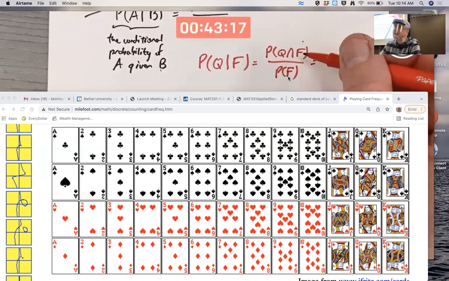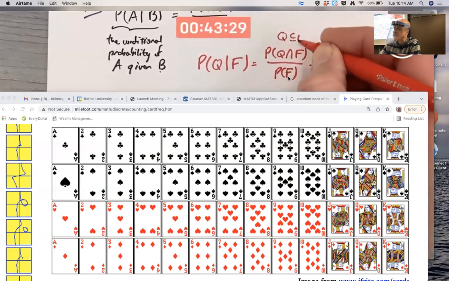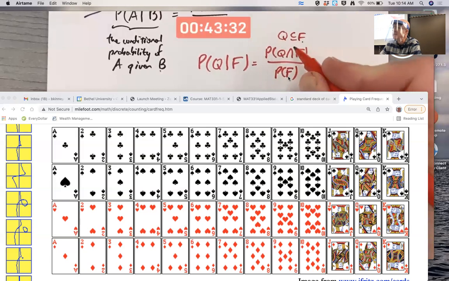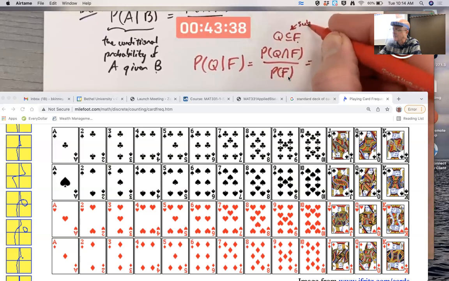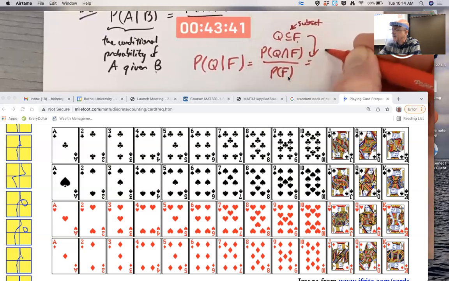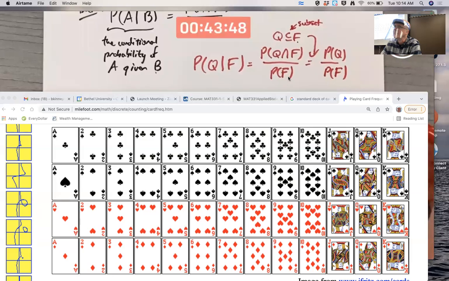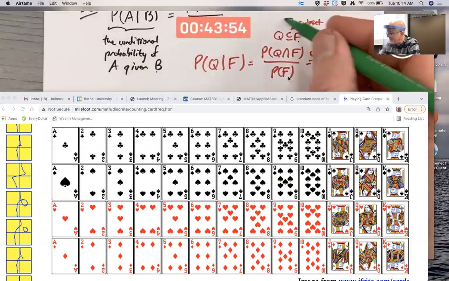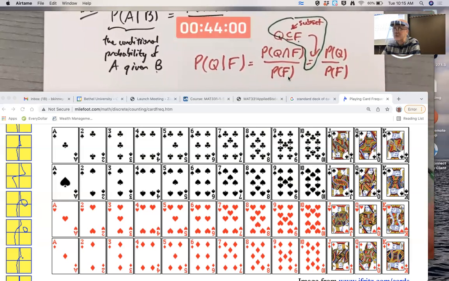So the probability of Q intersect F is the same as the probability of Q. That doesn't always happen. Because every queen is a face card, Q is a subset of F. That symbol means subset. Because of that, I can simplify the formula. This doesn't always work. It works in this case. That last step, just for emphasis, only worked because I know Q is a subset of F. In general, that doesn't work.